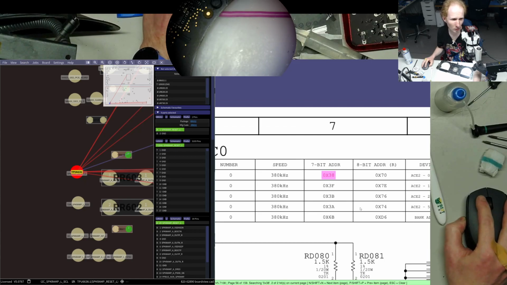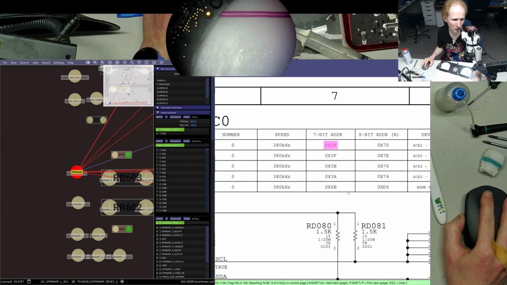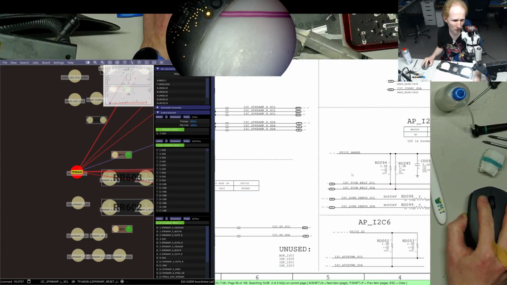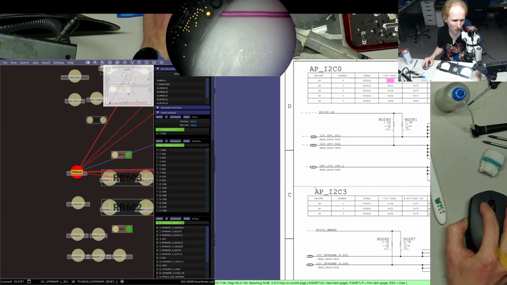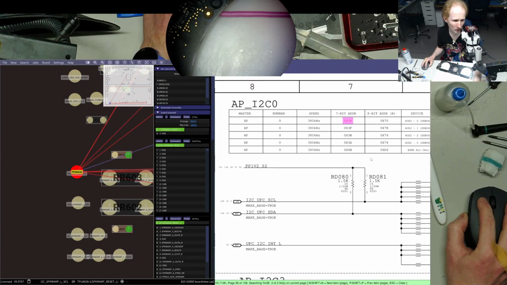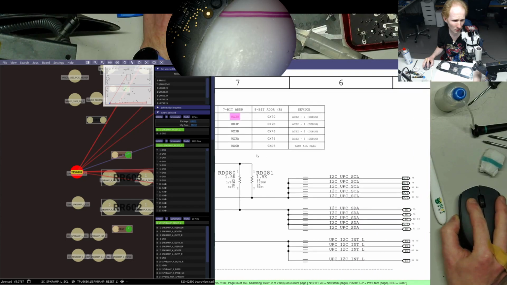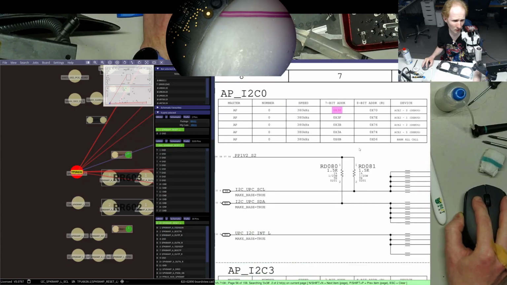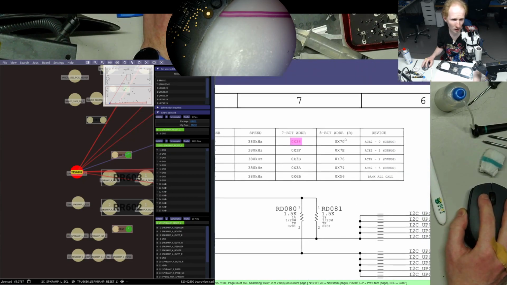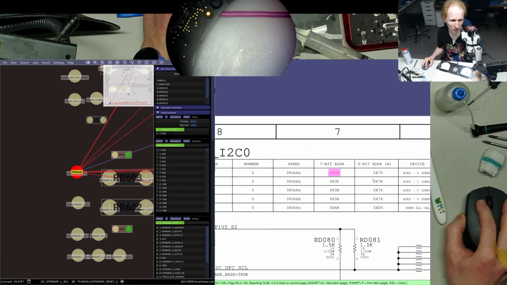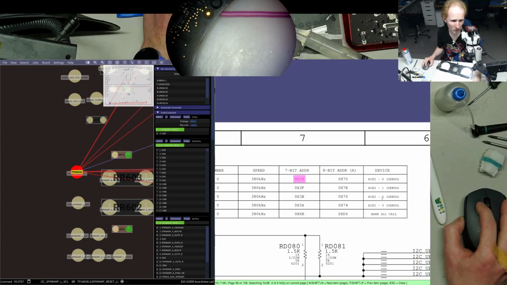Okay, that's not the right one. I2C connections AP. Okay, this is, by the way, you already notice this is ACE2, so these are CD32 3217.